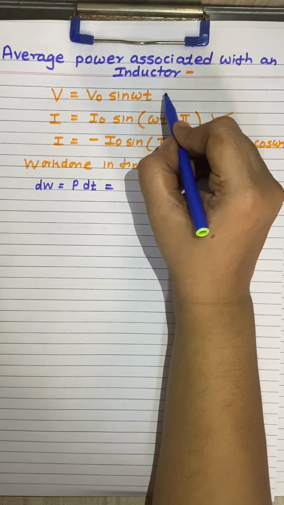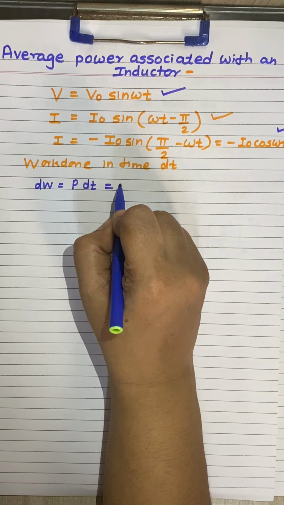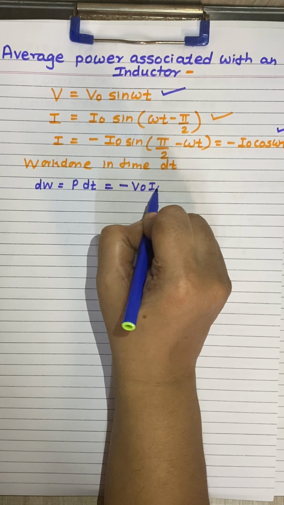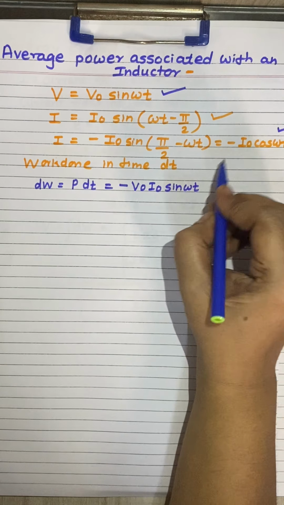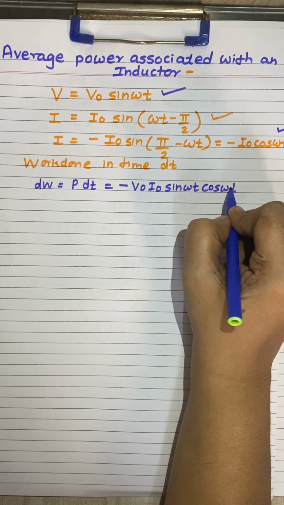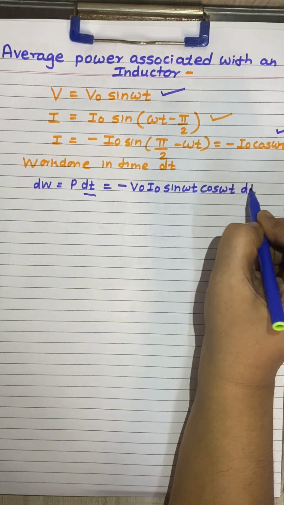Now I will consider this equation and this equation. So the equation becomes minus V naught I naught sine omega t cos omega t dt. This is dt, so dt also must be considered.